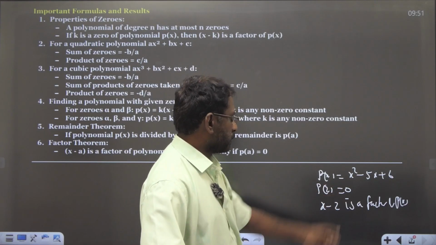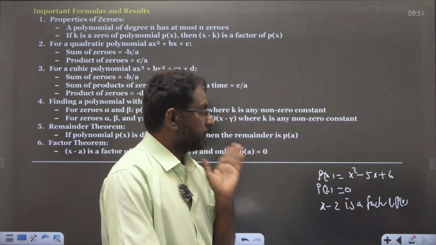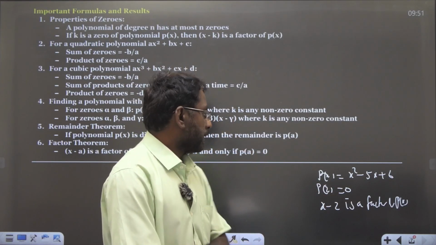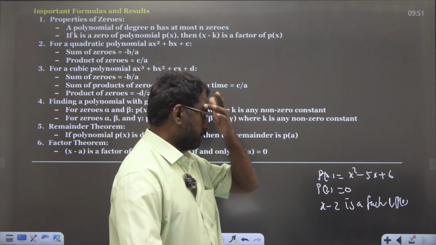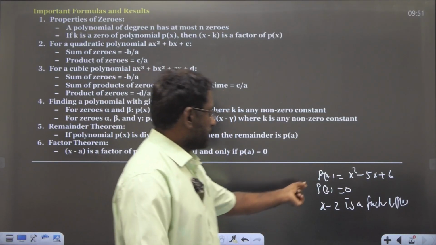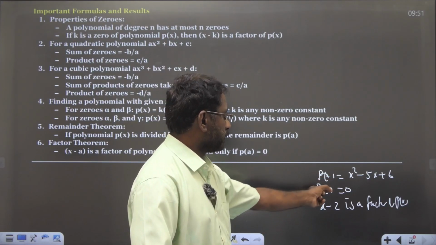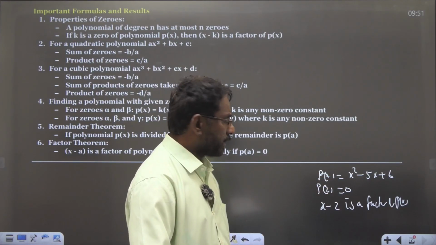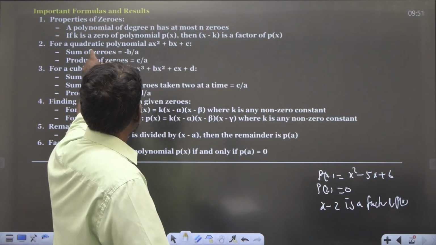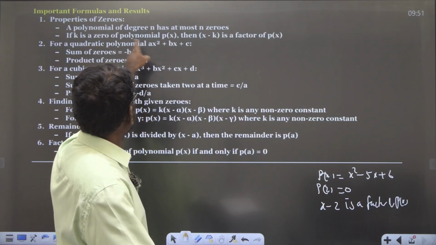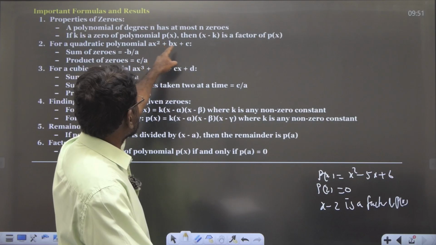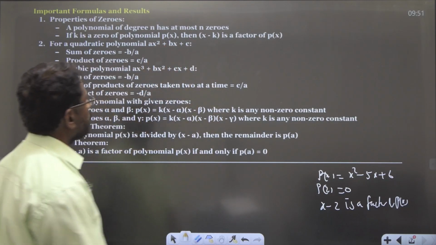If p of 2 equal to 0, that is actually called the factor theorem. Already we have discussed this in lower classes. If k is a zero of a polynomial p of x, then x minus k is a factor of p of x.